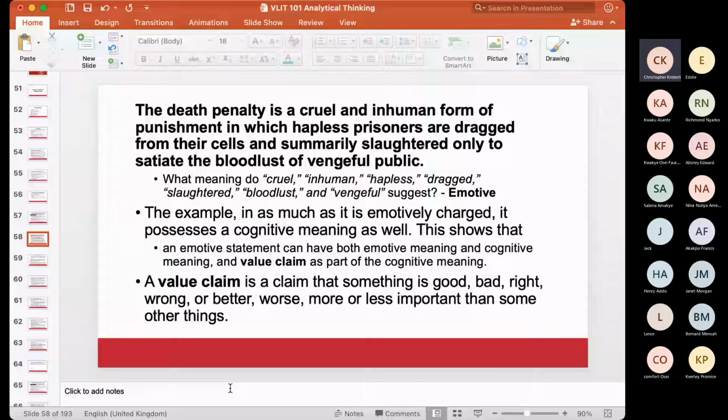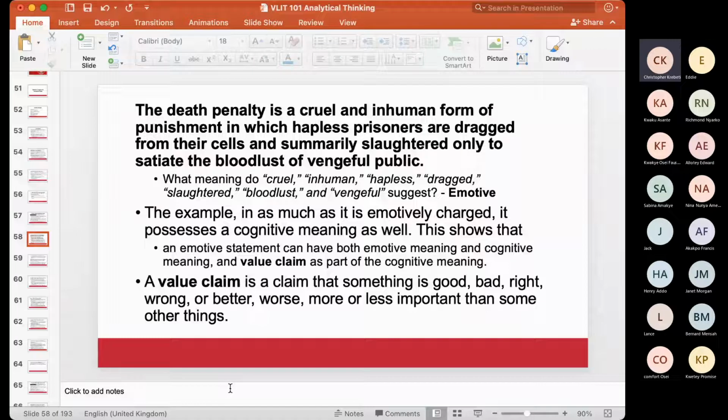So now take note. Any emotively charged language that is used has a certain information that is being passed on to you. So this shows that an emotive statement can have both emotive meaning and cognitive meaning, right? So an emotive language or statement can have two meanings in it, emotive meaning and cognitive meaning.